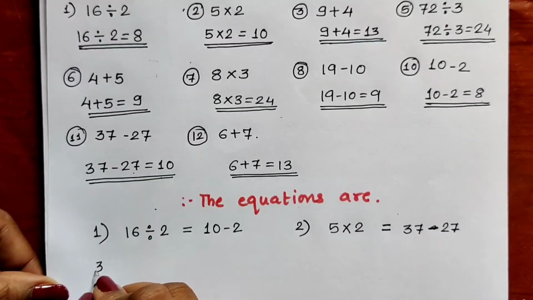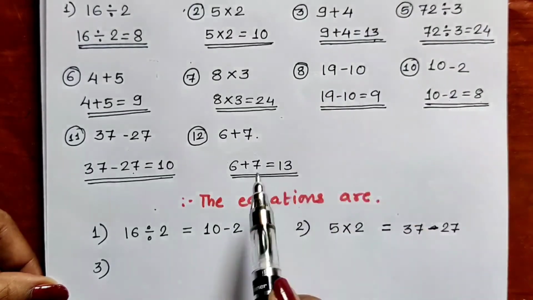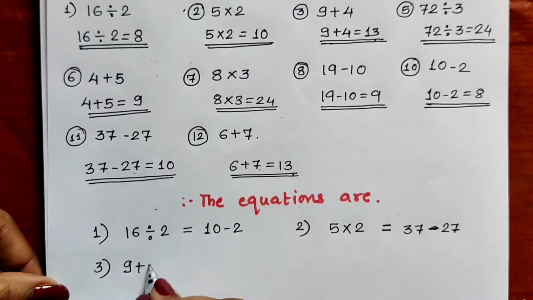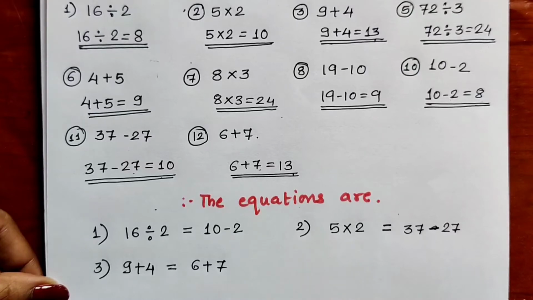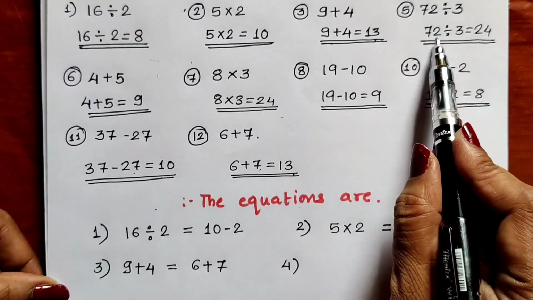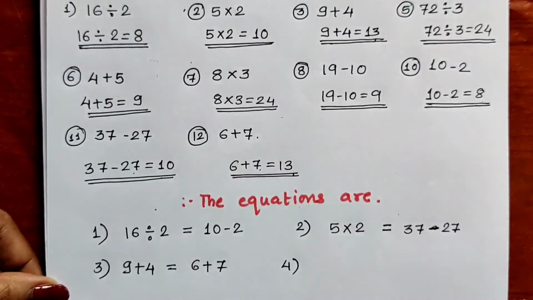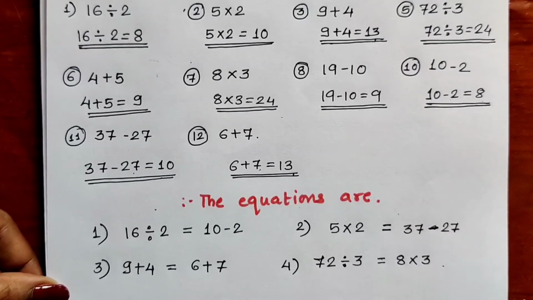Now let us write the third equation. 9 plus 4 is also 13 and 6 plus 7 is also 13. So we can write 9 plus 4 is equal to 6 plus 7. Then the fourth equation: 72 divided by 3 is also 24 and 8 multiplied by 3 is also 24. So we can write it as 72 divided by 3 is equal to 8 multiplied by 3.